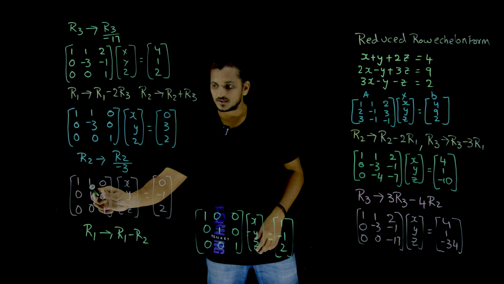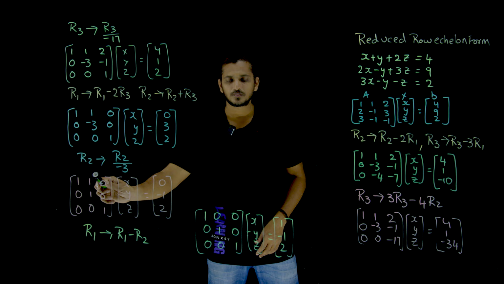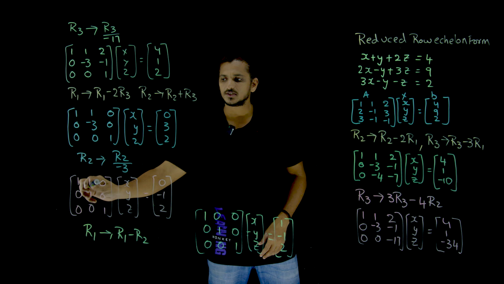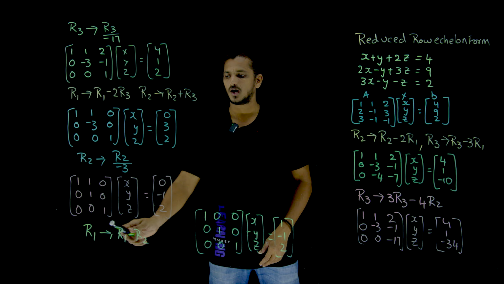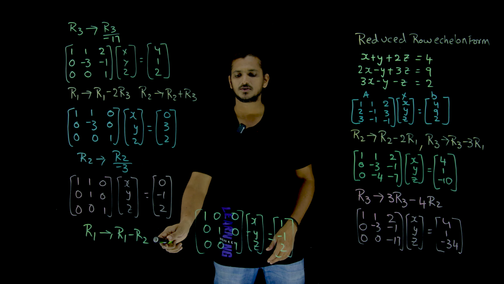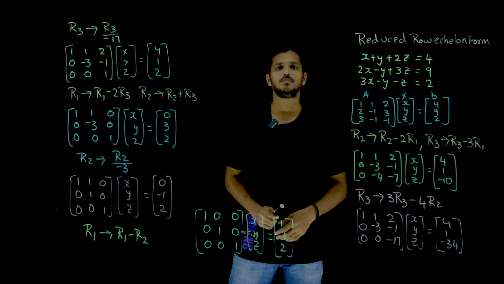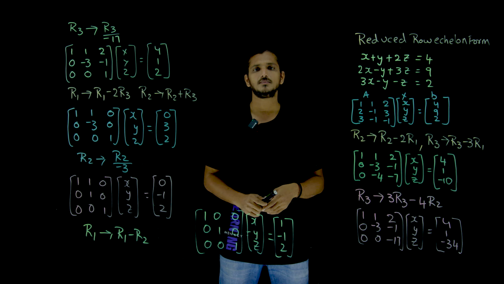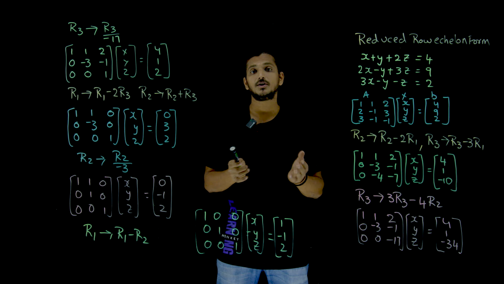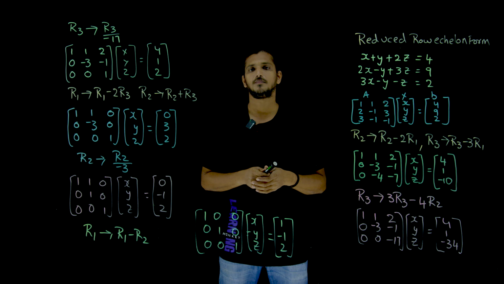Now in order to make this element 0, R1 equals R1 minus R2. Now the lower triangle and upper triangle terms have become 0. This is what we call reduced row echelon form.